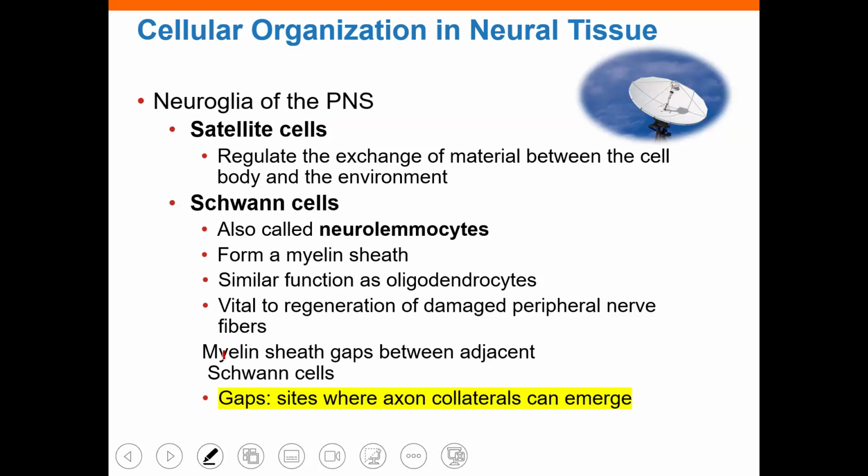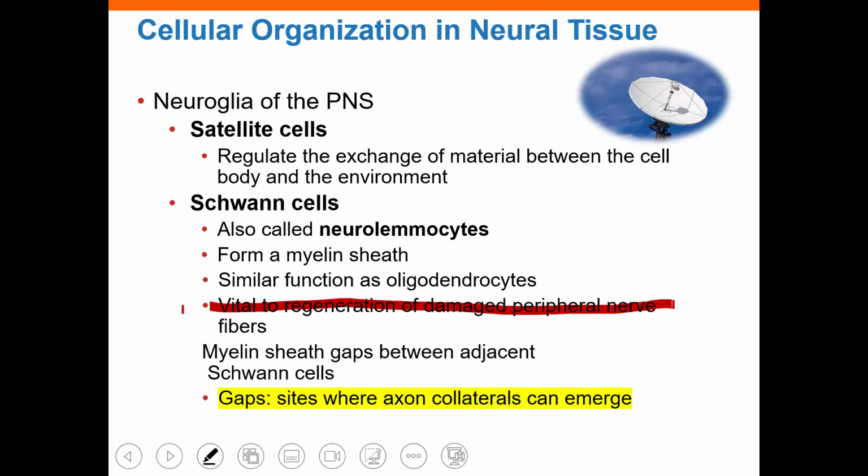They form the myelin sheath in the peripheral nervous system. So the oligodendrocytes form the myelin sheath in the central nervous system, and the Schwann cells form it in the peripheral nervous system. Okay. So this is vital to regeneration of damaged peripheral nerve fibers.